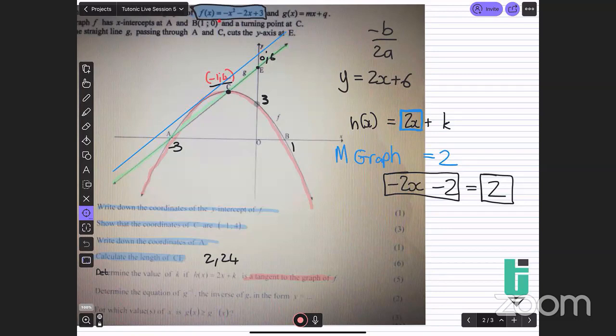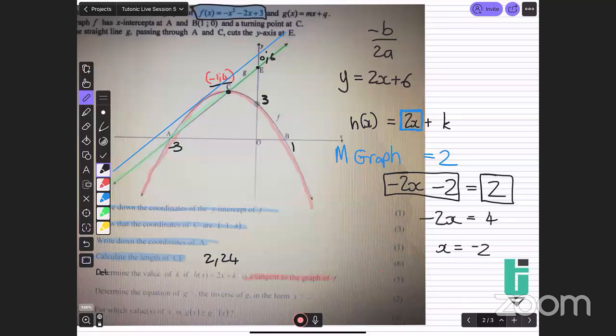Do you guys see that? Yes. Okay. So let's solve for x. Minus 2x equals 4. X equals minus 2.